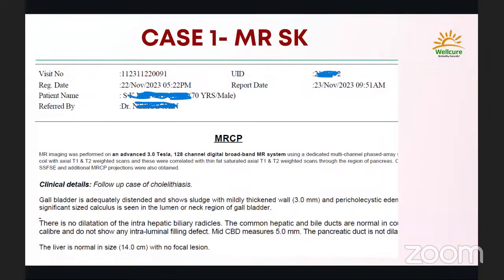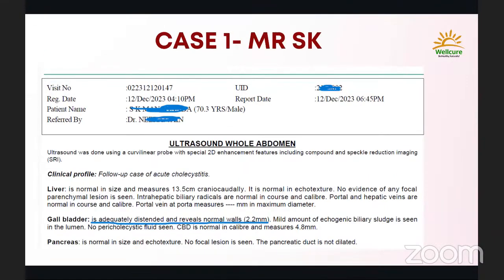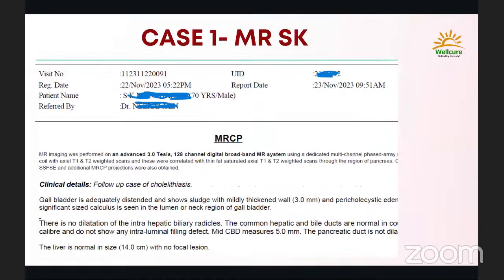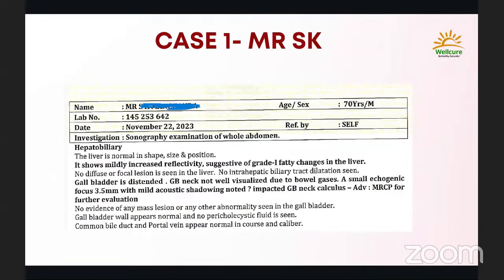Why are you moving them? No, I don't need MRCP. I just need ultrasound of his liver. So his liver is normal in size. This is another patient you're showing me. Okay, anyway, his gallbladder is no longer distended and his liver is normal in size.